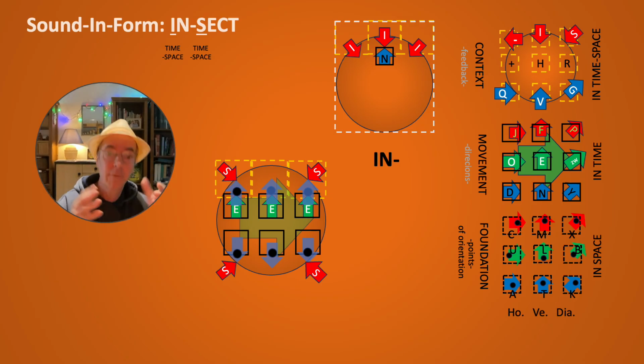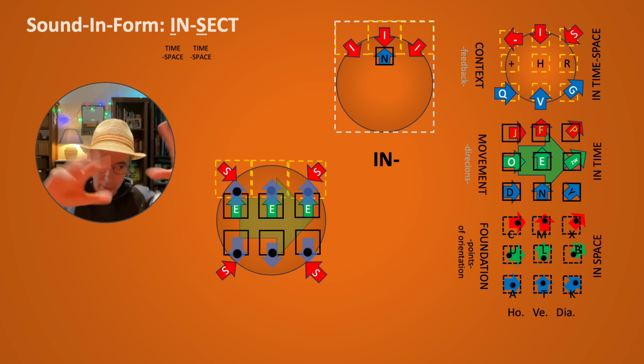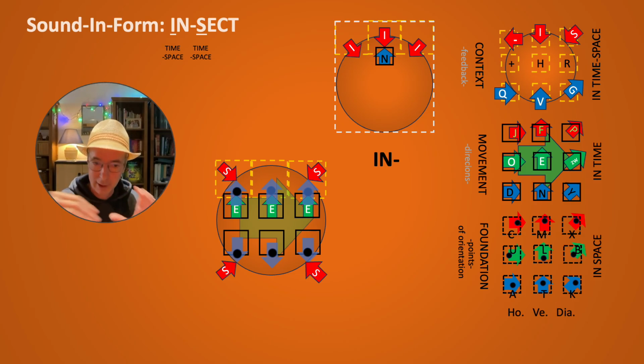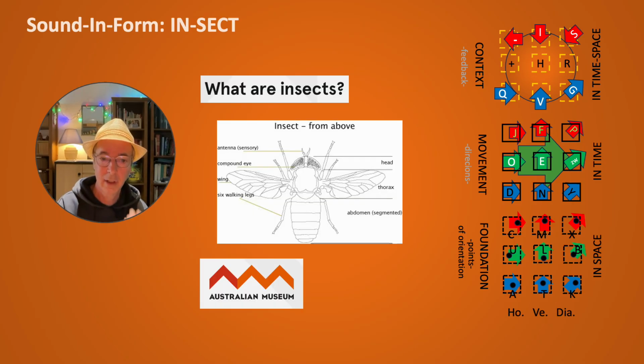E is from a time-space context that I see: looking at the context which I can apply here, which I can have effect here. I notice these differences, and that's what defines the insect. Because when we also look up definitions of insects, and I looked up the one from the Australian Museum, what are insects?